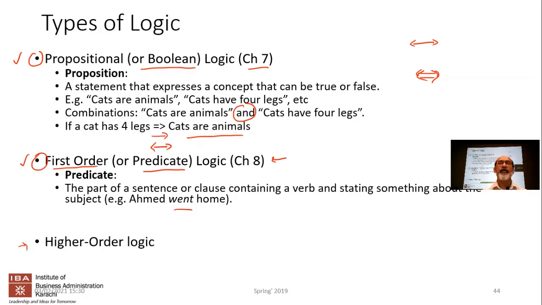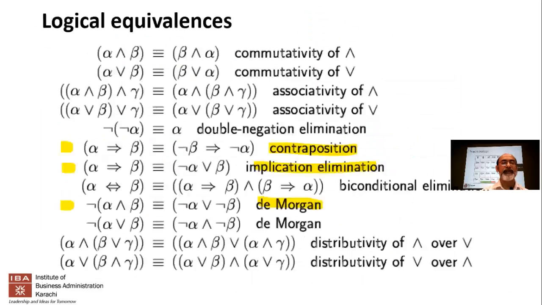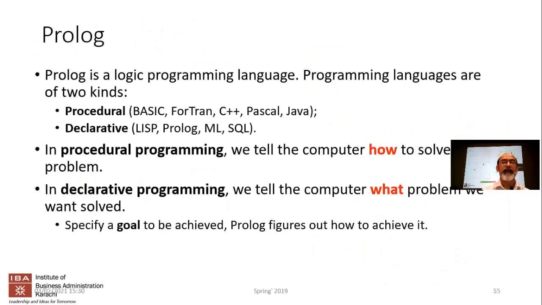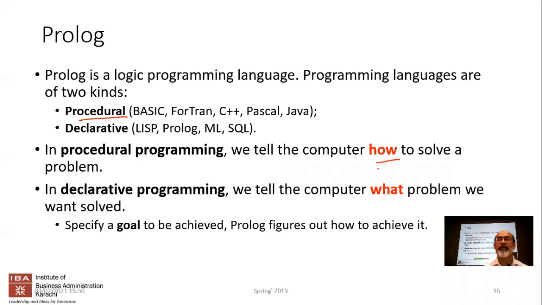Prolog is one of the programming languages. You probably haven't come across this so far because it's a little different from normal languages. Why is it different? It's not a procedural language. In procedural languages, you tell a computer how to solve a problem.